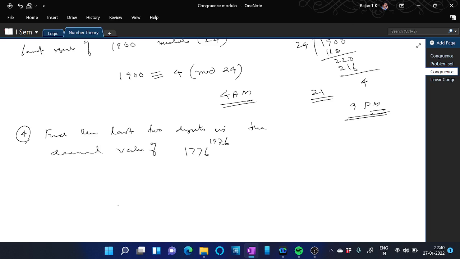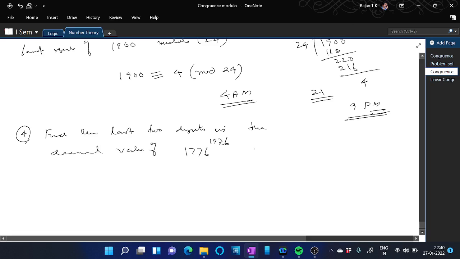You know that the last 2 digits are obtained by finding the remainder when divided by 100. We know 1776 is congruent to 76 mod 100. That means 1776 when divided by 100 leaves the remainder 76, so the last 2 digits are 76.